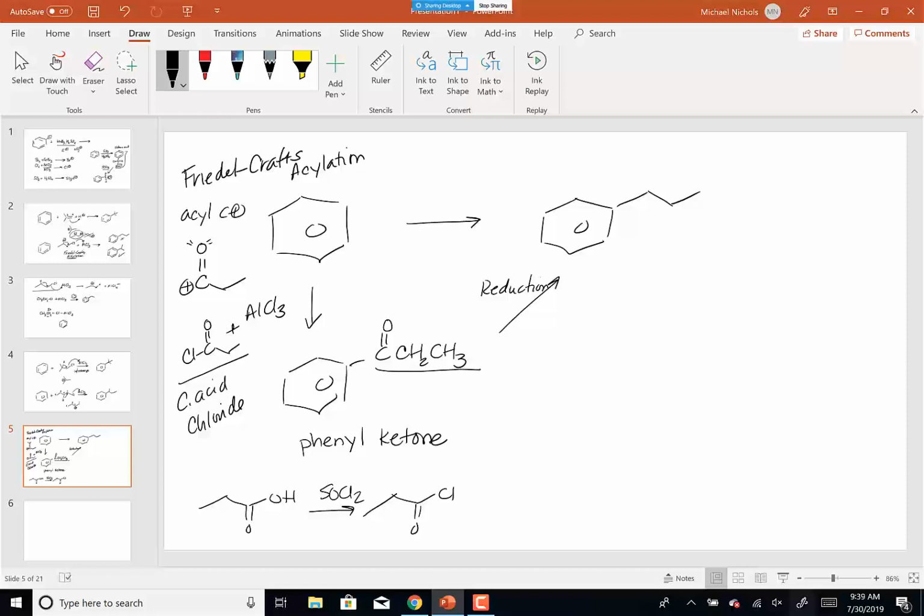With SOCl2, because what's its role? To turn OHs into Cls. So SOCl2 has one purpose, but we can use it in a bunch of different methods. So in this case, all I have to do is get my carboxylic acid that I want to add to the benzene ring, convert it to an acid chloride, and do Friedel-Crafts acylation, and sure enough, I will make this phenyl ketone.